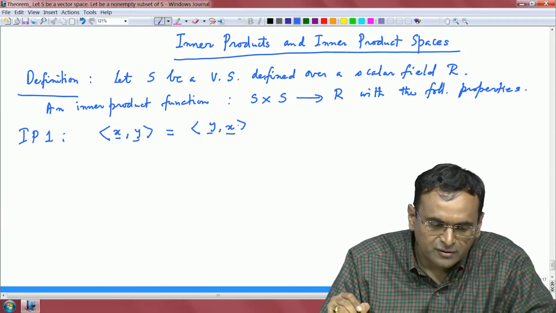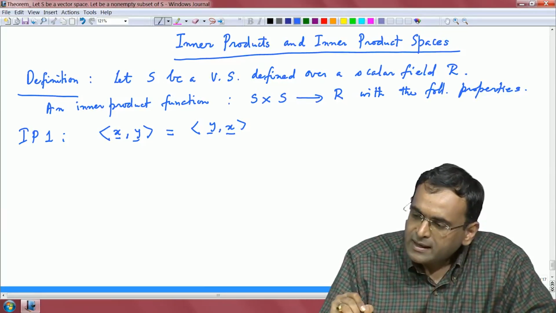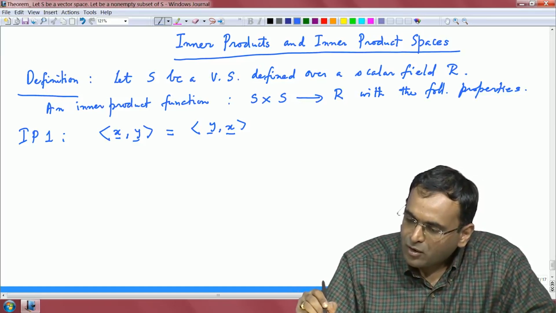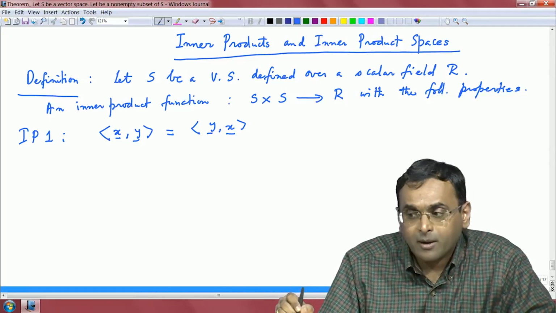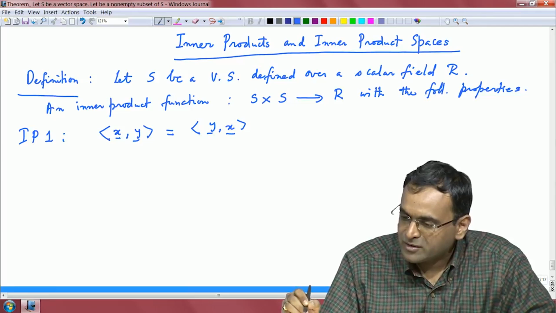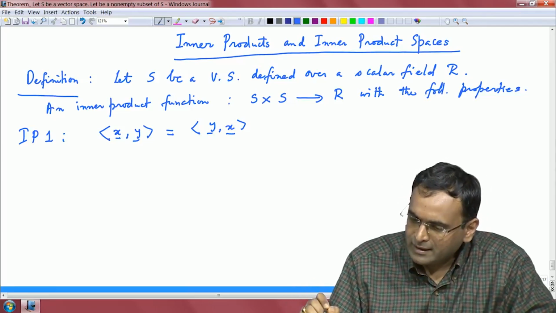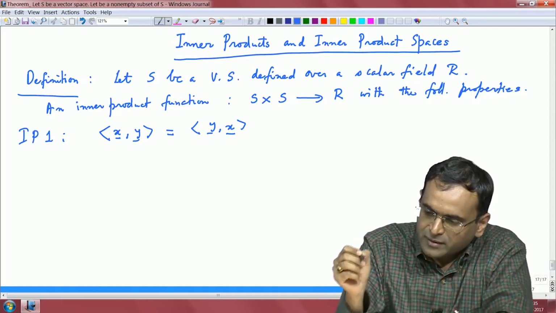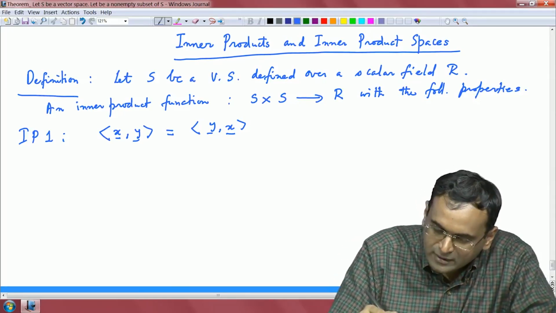Of course, these definitions will change if I define the inner product function as a Cartesian product of the vector space to perhaps a complex number. So, that would basically be a different definition, but here we will stick to reals. So, therefore, this property holds. The inner product of x y is the same as that with y x.